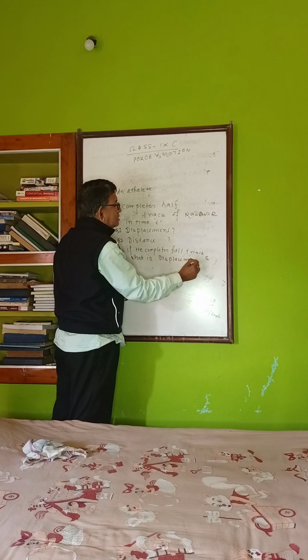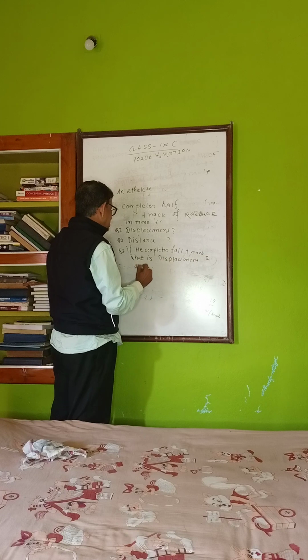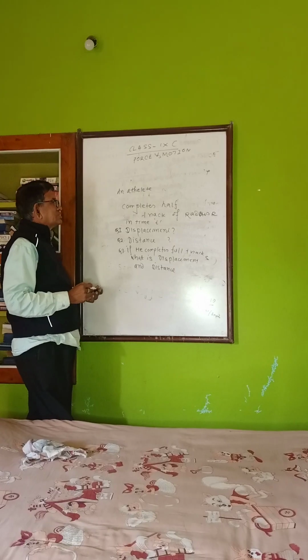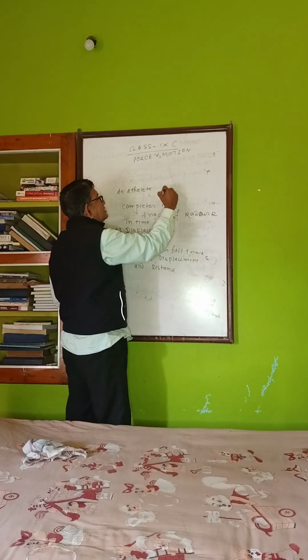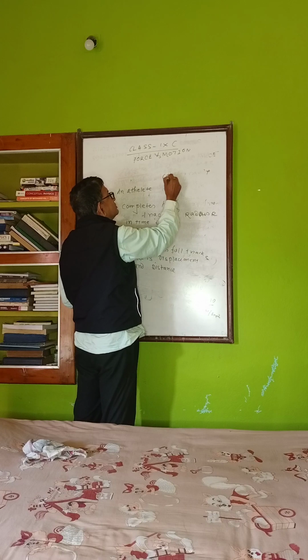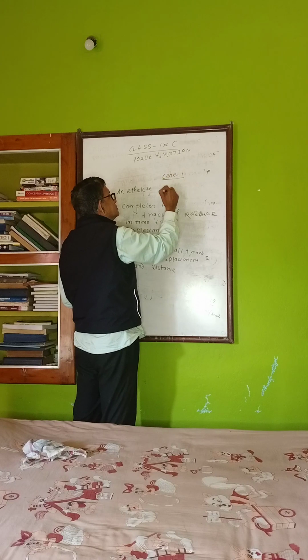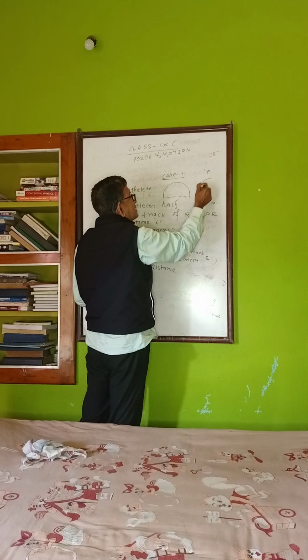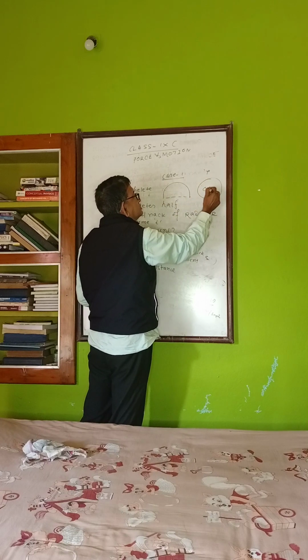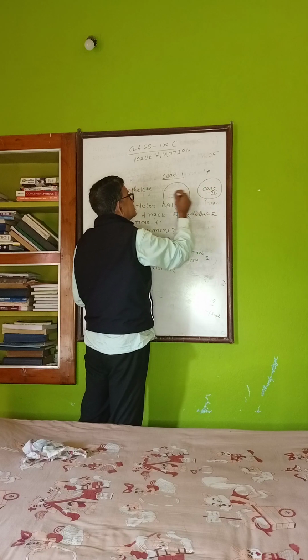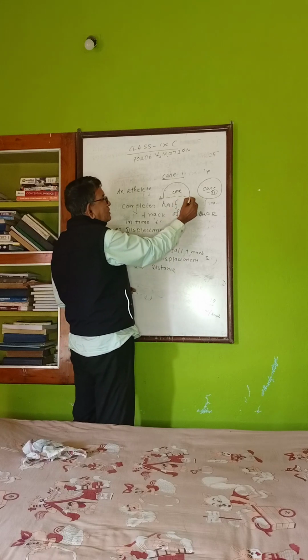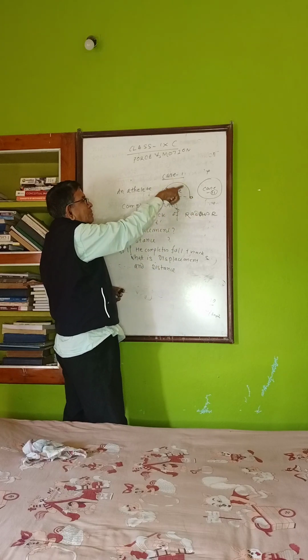Is the question clear? Let us draw the picture. First case, case 1. Second case, case 2. Case 1: the athlete starts from A and completes the journey at B, completing half of the track.